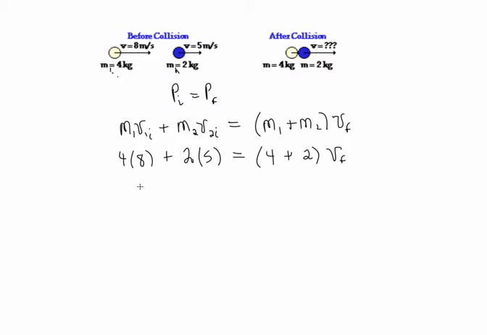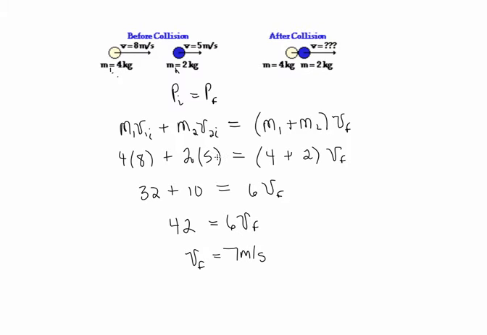All right, 4 times 8 is 32, plus 2 times 5, which is 10, equals 4 plus 2, 6 V final. 32 plus 10 is 42 equals 6 V final. In order to solve for V final, I divide both sides by 6, and when I do that, I get a final velocity of 7 meters per second.